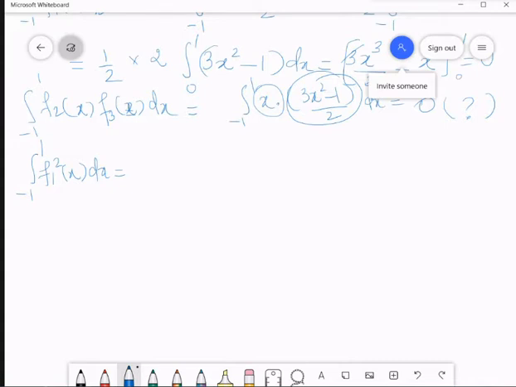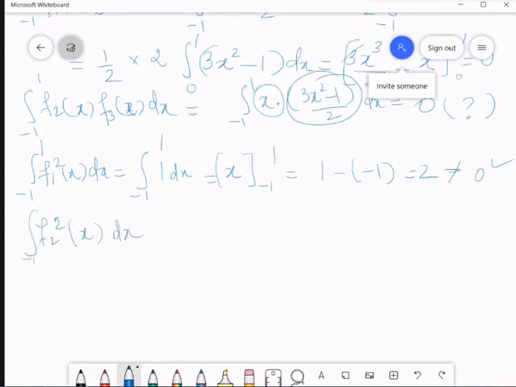F1 is 1, so I'll get just 1 dx from -1 to 1, so x from -1 to 1. 1 minus -1, I'll get a 2, which is not equal to 0. Similarly, check for f2 square x dx, integration from -1 to 1.